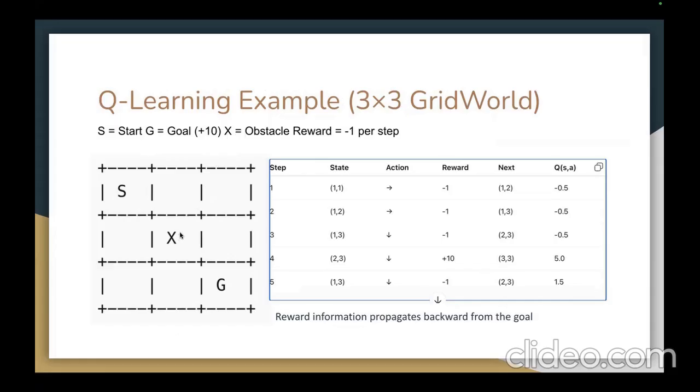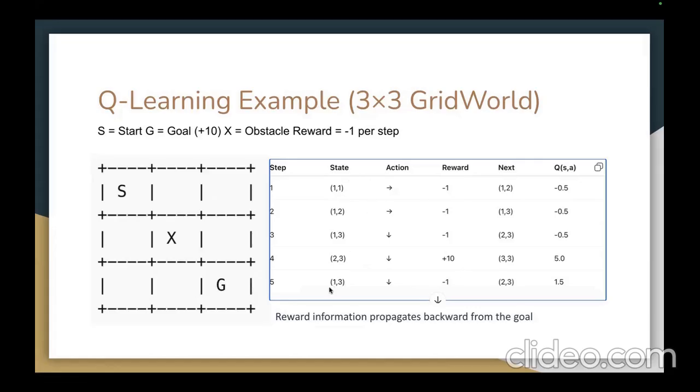And let's say X is an obstacle. So basically, the goal is to have the robot explore the environment. Let's suppose that it generates a trajectory of (1,1), then (1,2), then (1,3), then (2,3), and then it reaches the goal.